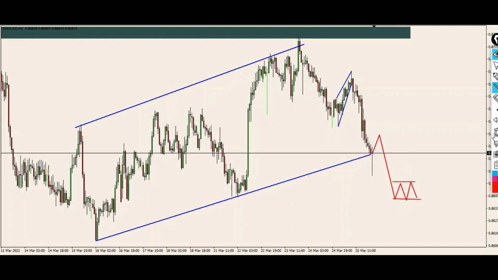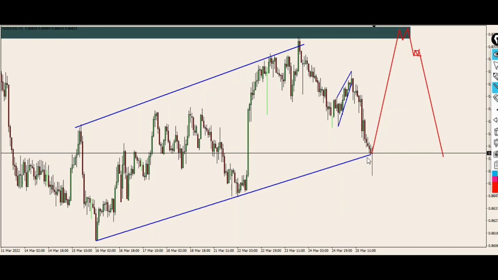Either way we know what to do. Or the market could pull back for the last touch. These are the possibilities of the market.